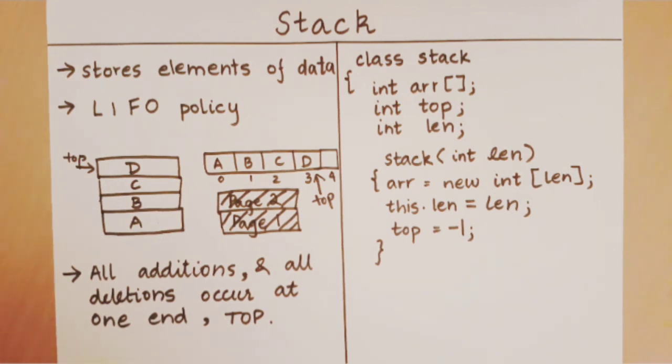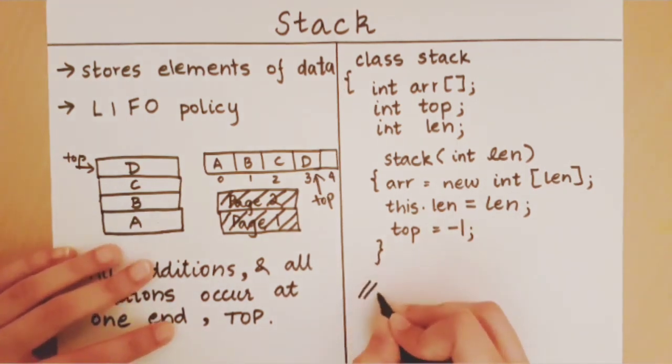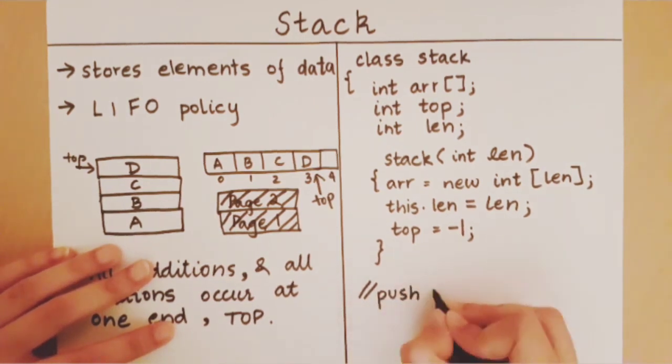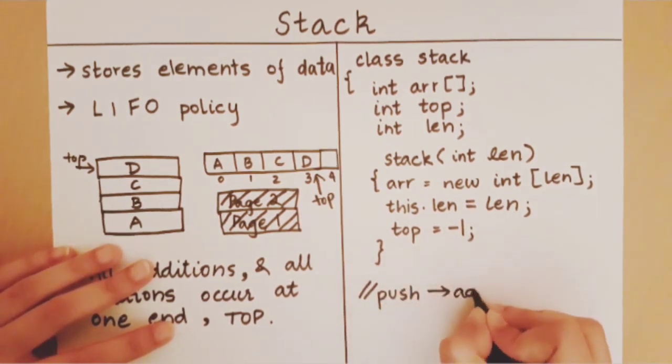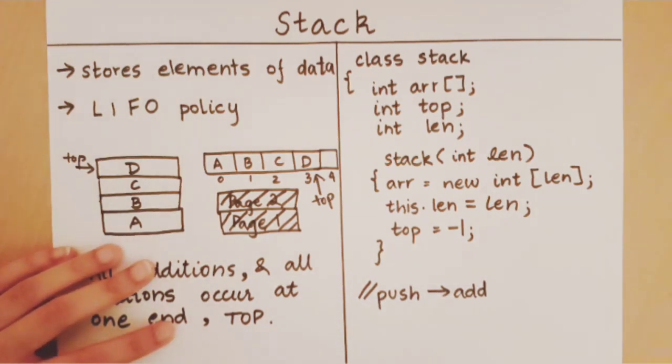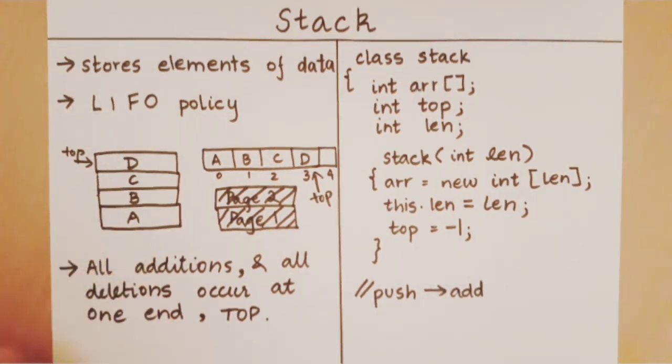After this, we will come to the two main operations that a stack must perform. It must perform additions and it must perform deletions. The name we give to the function which performs additions into the stack is push. And the name we give to the function which performs the deletions on the stack is pop.